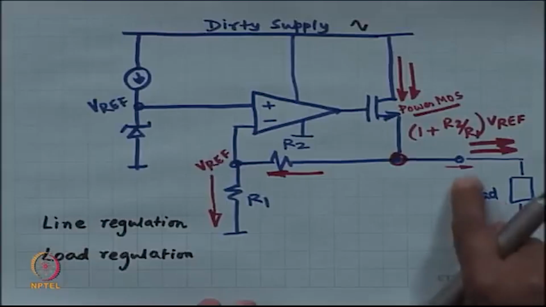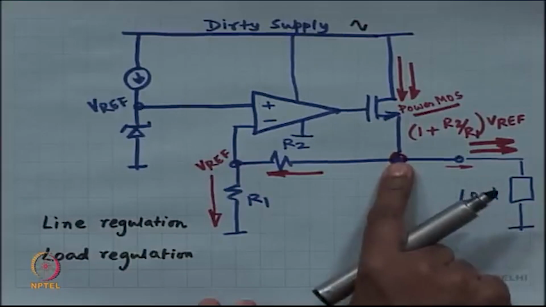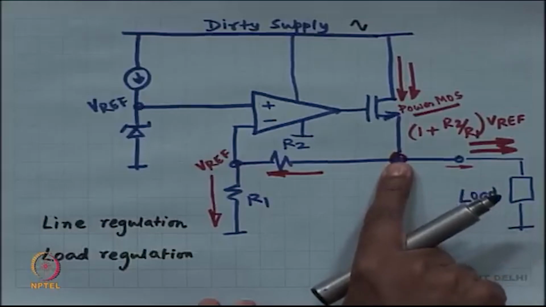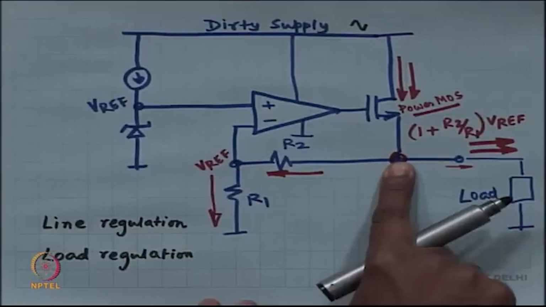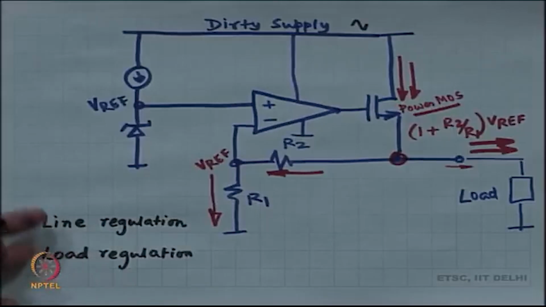So, for example, if the load current varies by 1%, how much does this voltage vary? Does it vary 1%? Does it vary 0.01%? So, this is called load regulation. So, you have got two different actions, one is called the line regulation, the other is called the load regulation.